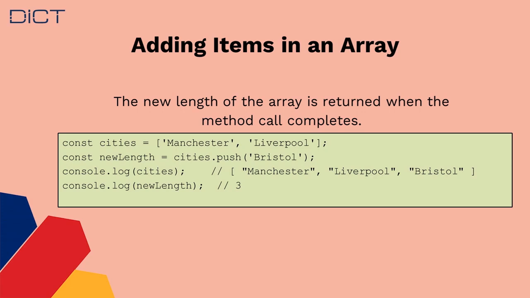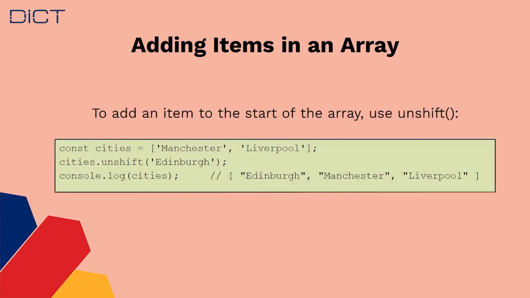Okay, next. To add items to the start of the array, use the unshift method. Again, this is used to add an item to the start of the array. So we declare an array cities with two elements.